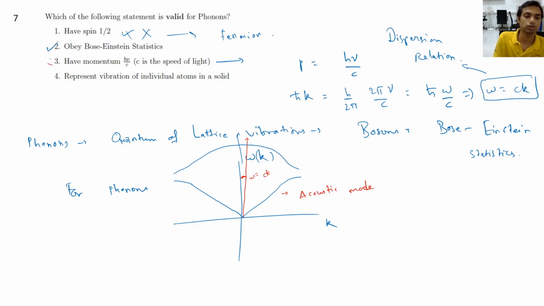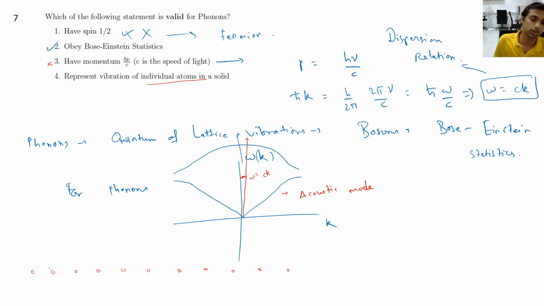So this is wrong. Next, the statement that phonons represent vibration of individual atoms in a solid. It is not of the individual atoms, it is the collective motion. A phonon represents the way the atoms in the lattice move collectively.